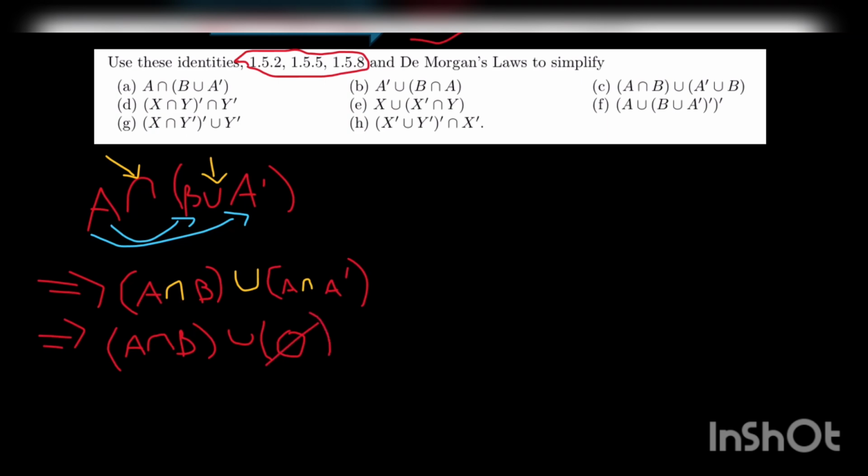And the union of an empty set and a real set is obviously a real set, because the union of something and nothing is something, and therefore it's A union B. That's going to be our final answer for A.